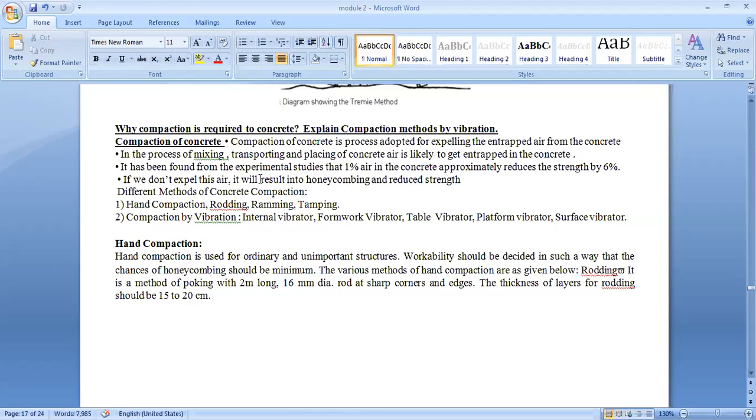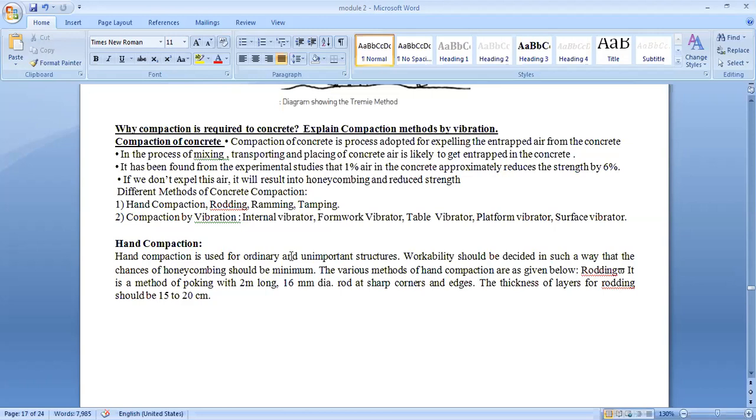Due to this, experimental studies found that 1% of air in the concrete approximately reduces the strength by 6%. If you take the volume of the concrete, 1% air will reduce around 6% of the strength. If it is 10% air, almost 50 to 60% of the strength will be reduced.